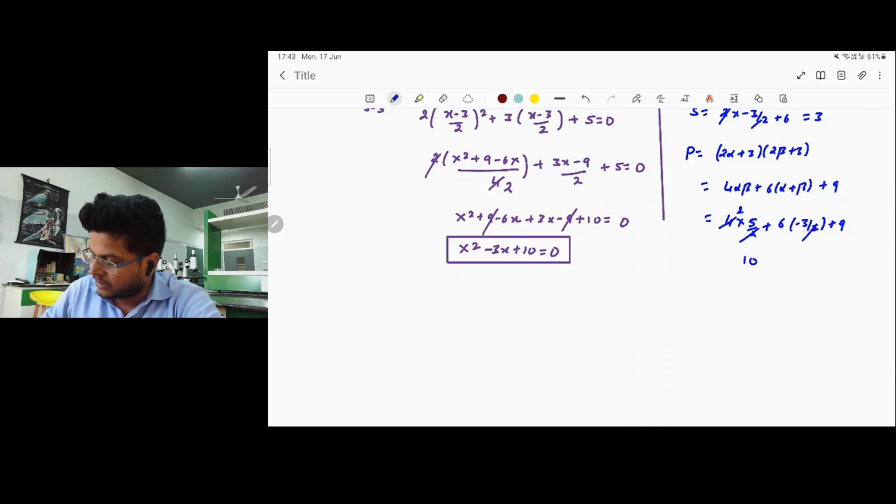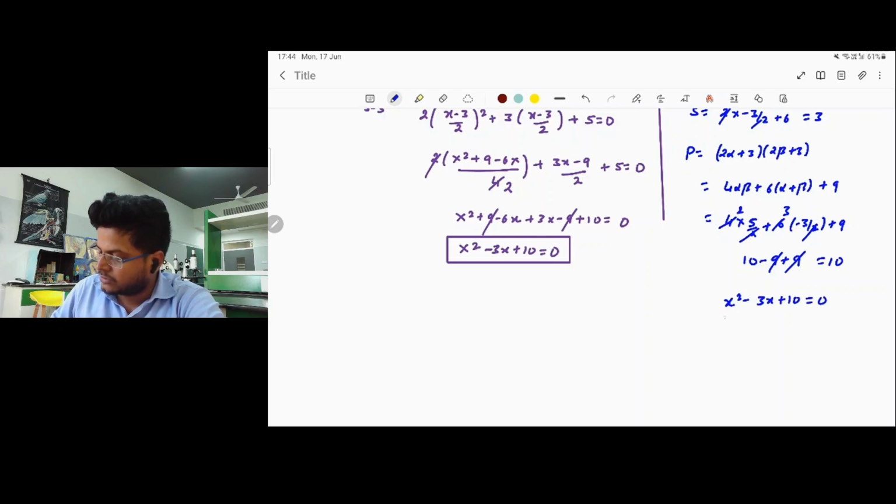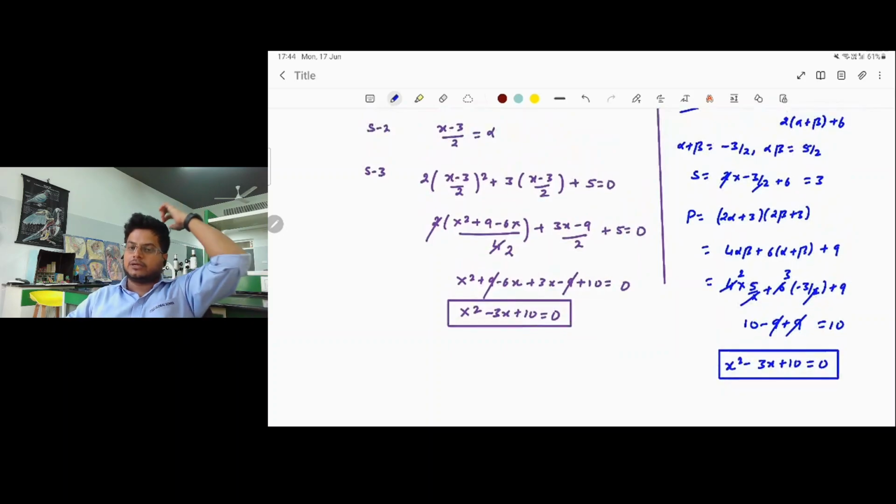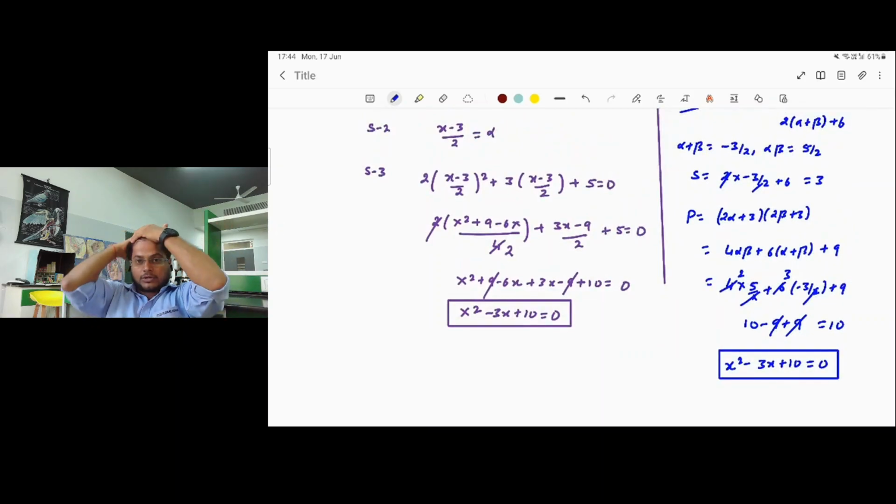So we got 10. This will cancel 3 times. So we got minus 9 plus 9. This gets cancelled. Ultimately we got 10. So the quadratic is x square minus (sum of the roots) x plus product of the roots equals 0. So you can clearly see the answer that we have got by method number 1 and by method number 2 are both the same, right?